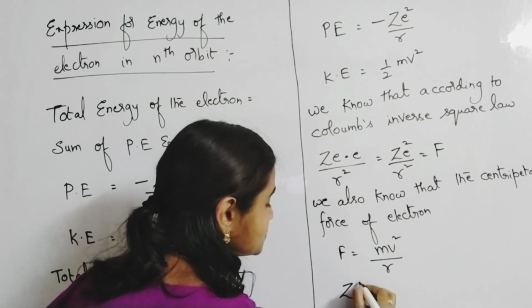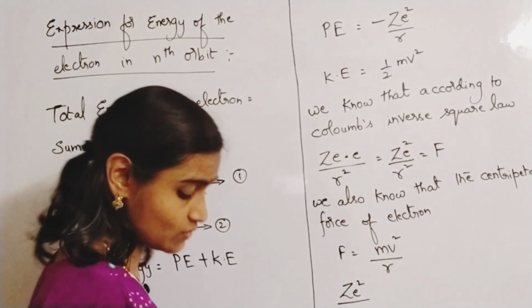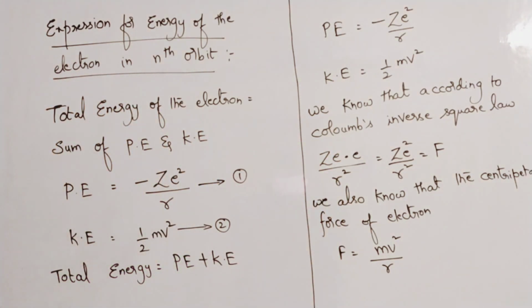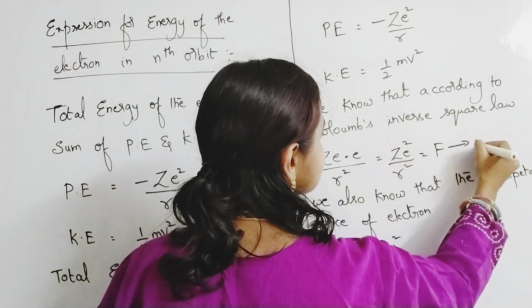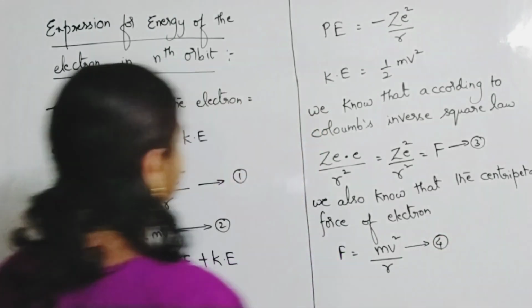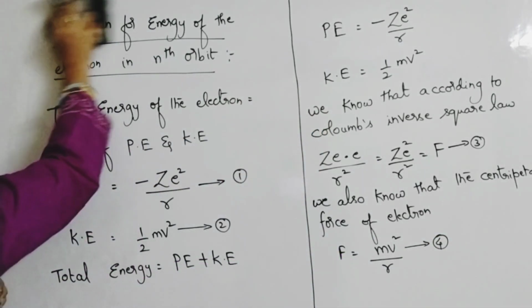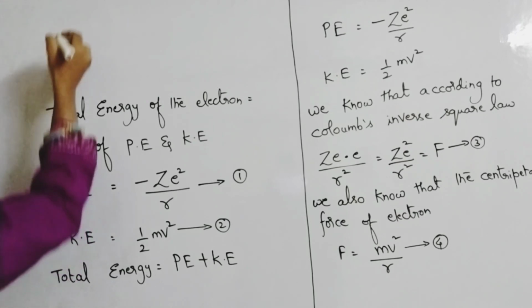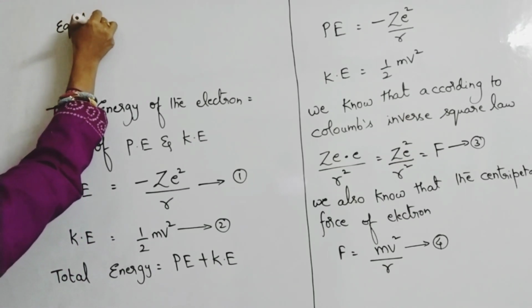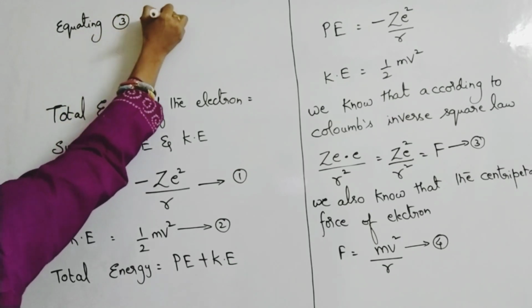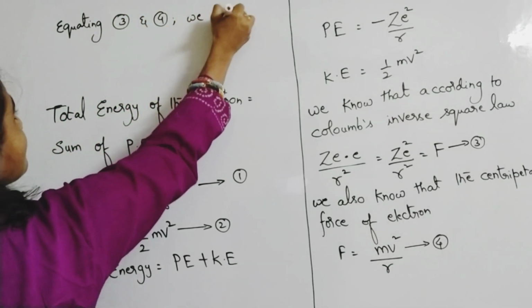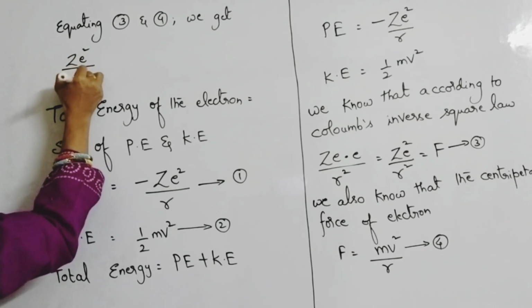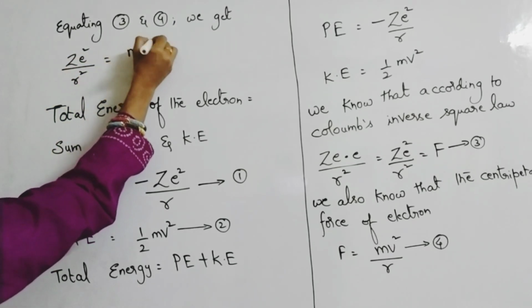by equating these two we get Ze square by r square is equal to mv square by r.